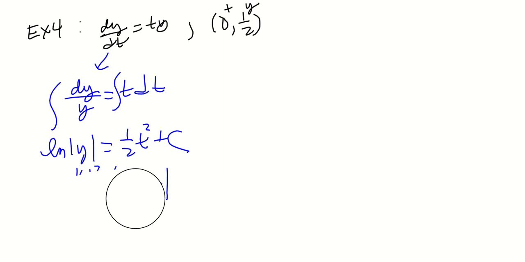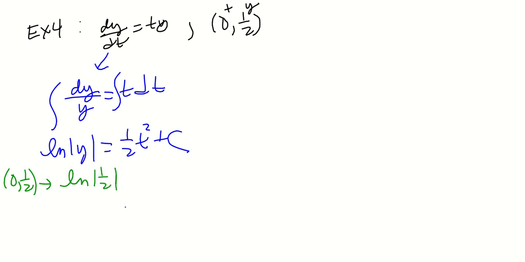At this point, we have already integrated, and if we plug in our point 0, 1/2, it's going to make finding c easier than if we go farther. So when we plug that in, we get the ln of the absolute value of 1/2 equals 1/2 times 0 squared plus c. So that gives us the ln of 1/2 equals just c. So c is the ln of 1/2.